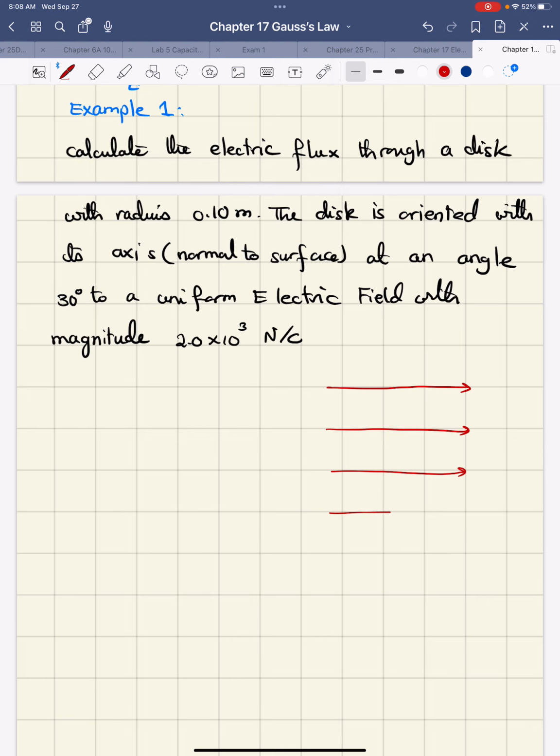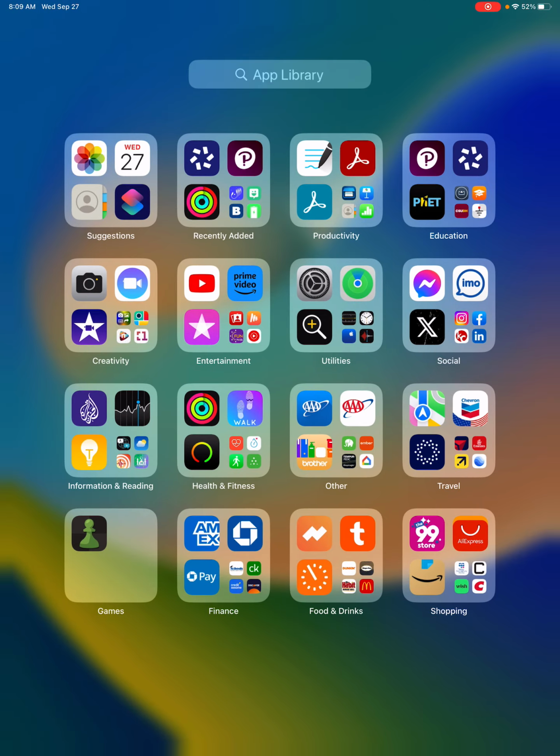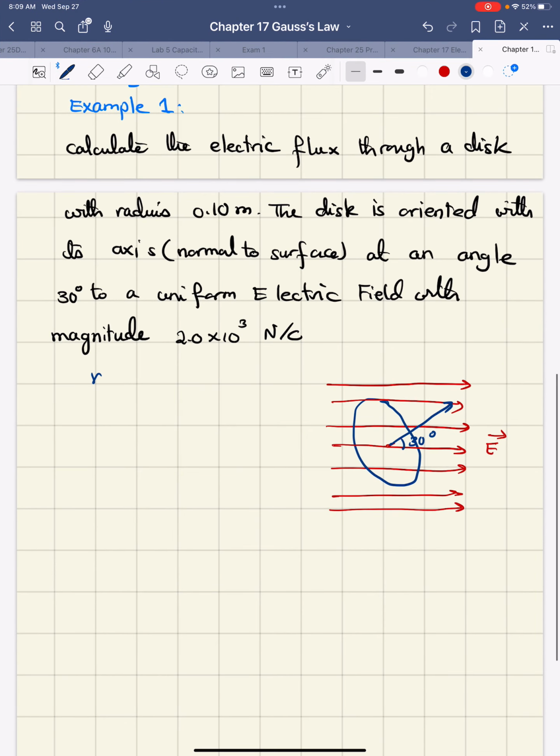This is E, and the disk is sitting somewhere here, and the normal here, let me use another color, is at 30 degrees, and the radius R is 0.1 meter.